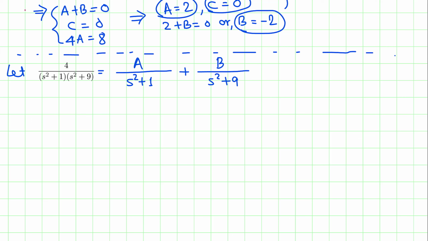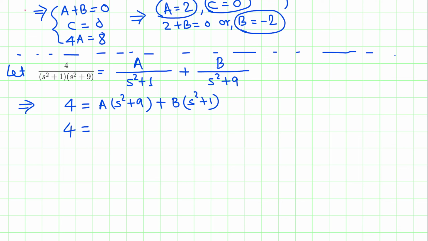So we'll let this one, that means this 4 equals, these are distinct factors, so a times this plus b times this. Let's equate the coefficients like the previous. As squared plus 9a, same thing, bs squared plus b.